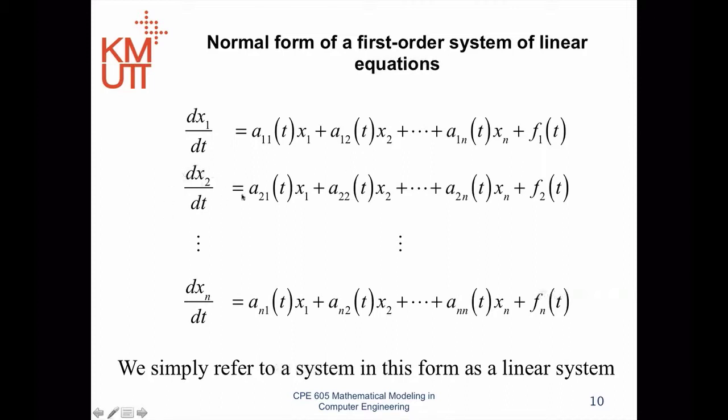And x2 also has a similar form, but with its own coefficients and its own external forcing function. And this applies to all cases until the population xn. We refer to a system like this as a linear system.